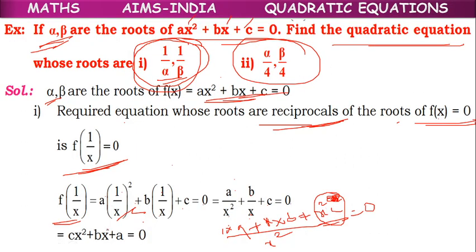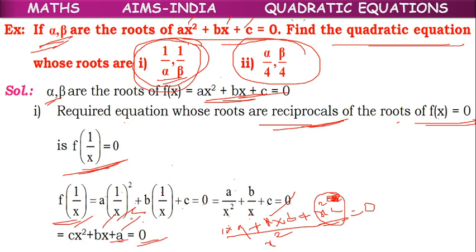So x square into c means cx square. X square term to be written first, b into x, bx to be written second, next a constant term to be written third. So this is the equation.